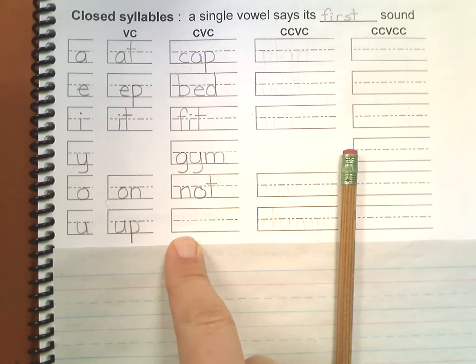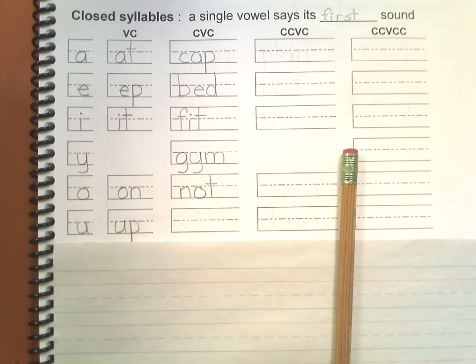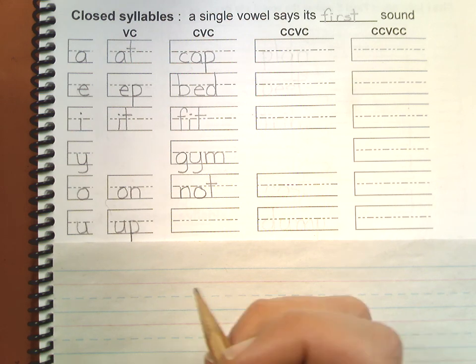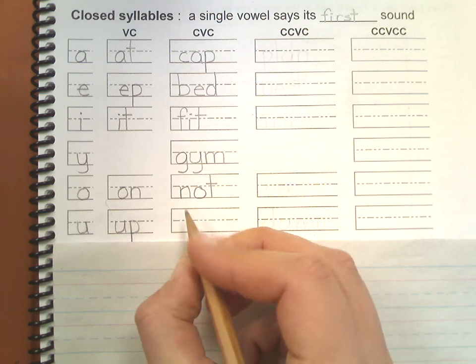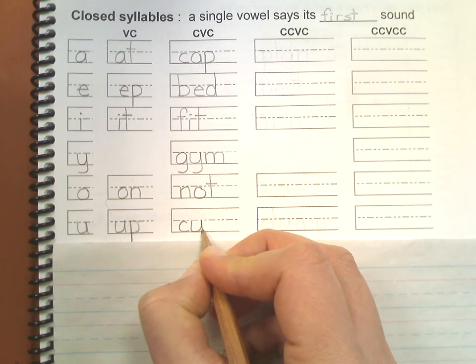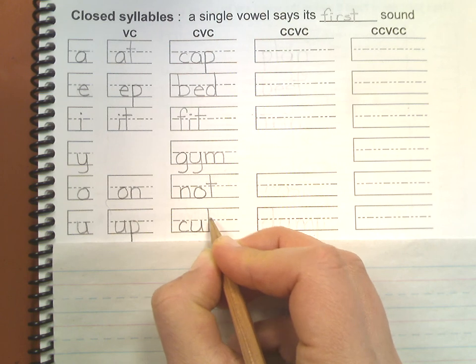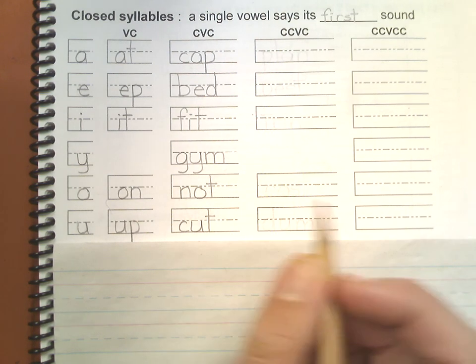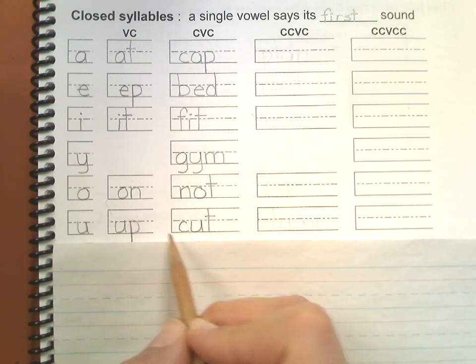All right, so go ahead and write the sounds in cut and say them while you write them. All right, make sure yours looks like mine. All right, class, is there anything to mark in this word?